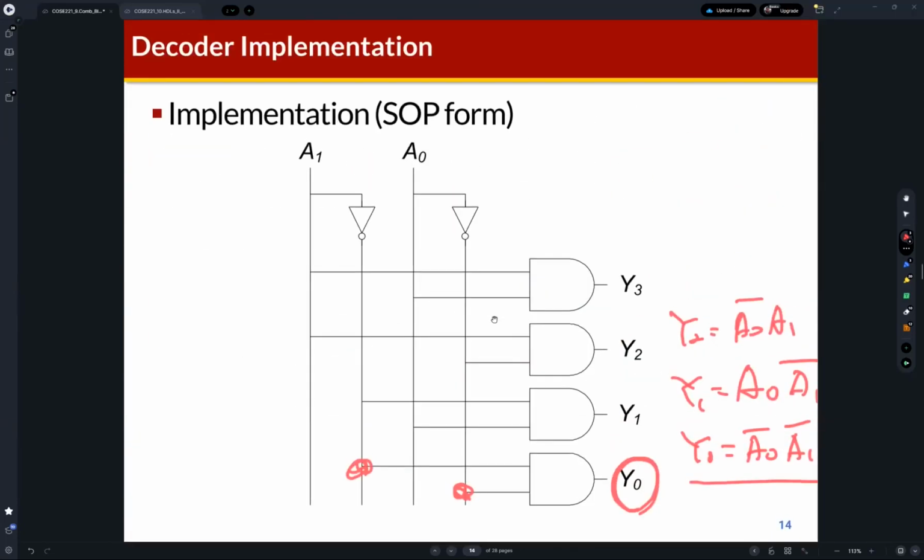The output of the decoder is composed of minterms of the input signals.